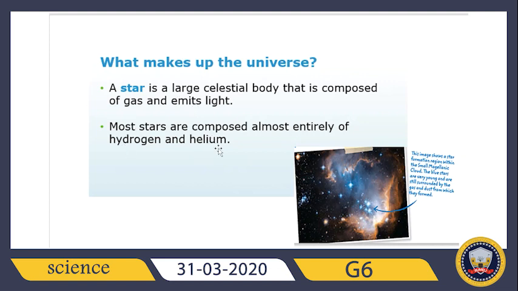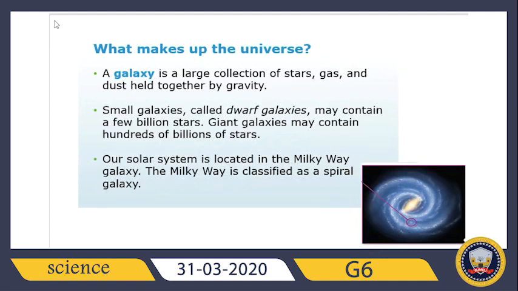Today inshallah we will not talk in more detail about stars, since our second lesson in this unit will be about the stars. So inshallah tomorrow we will discuss stars in more detail, but for today we may move and talk about the galaxies in our universe.